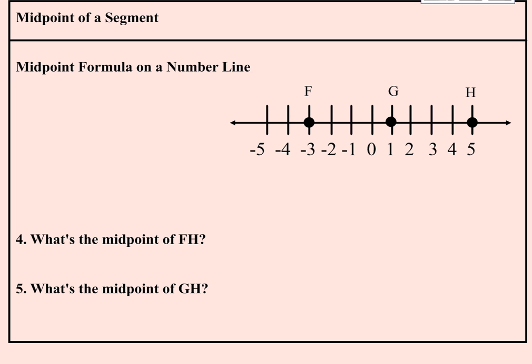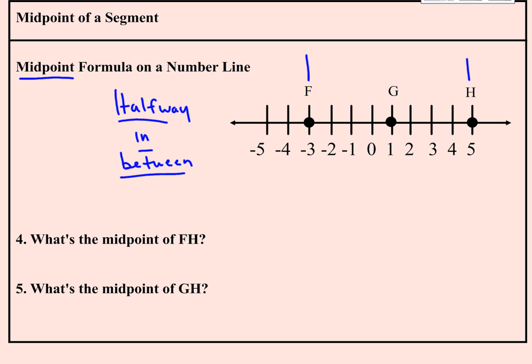Because when you start looking at things, here's what you run into. When you're trying to figure out the midpoint, midpoint is exactly halfway in between. That's all midpoint means: what is halfway between two other points. So between F and H, what is halfway?